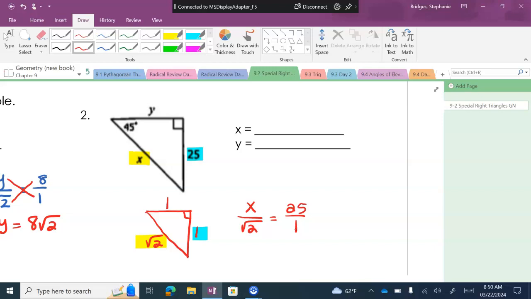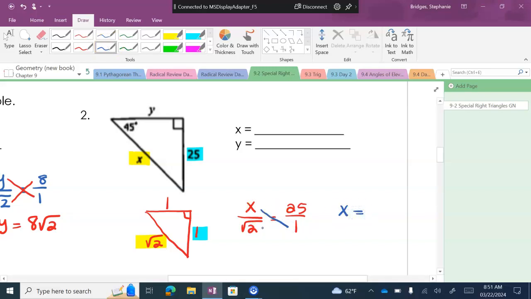Well, it's the square root of 2. It's not just 2. It's the square root of 2. So think back to the past 2 days when we dealt with radicals. Can you actually multiply those numbers or not? Okay, cross multiply. What's x times 1?